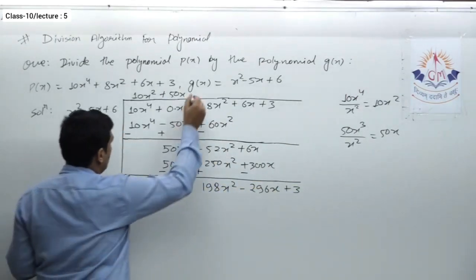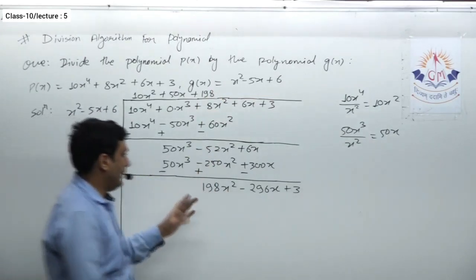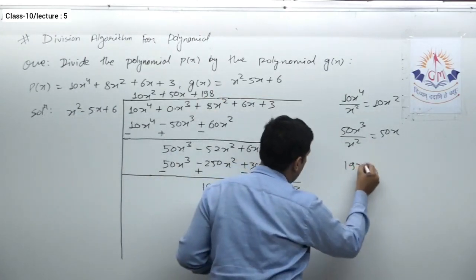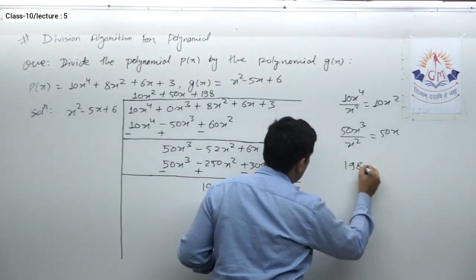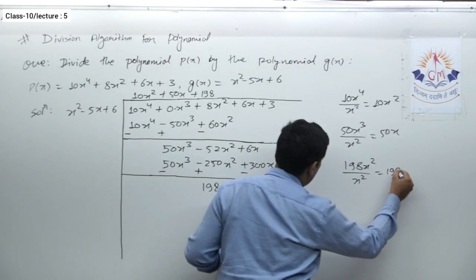Now here it should be 198, because 198x square divided by x square gives you 198 only.